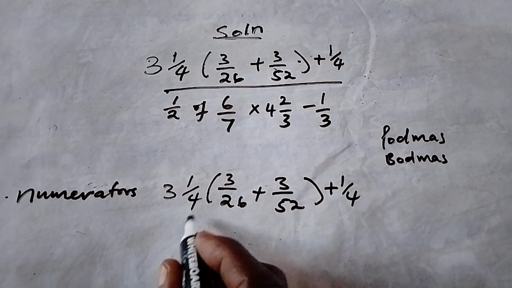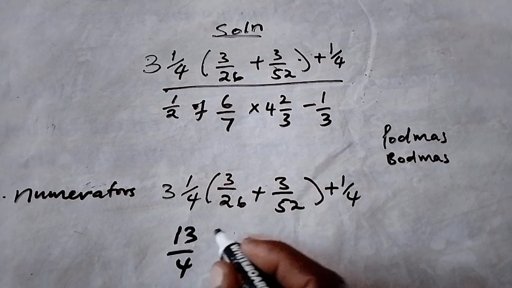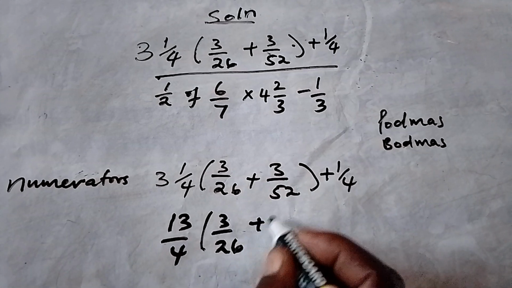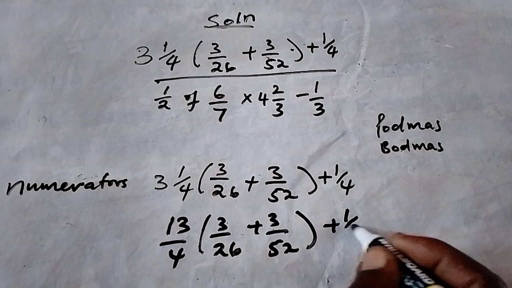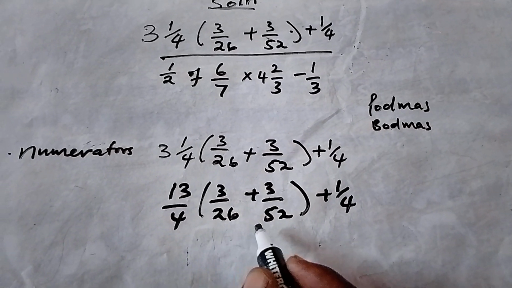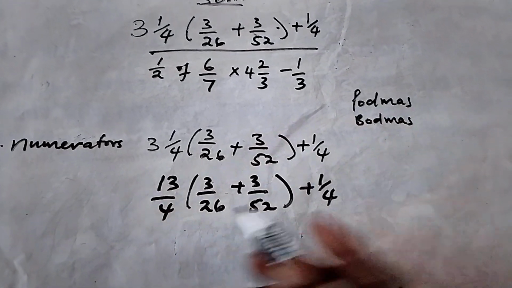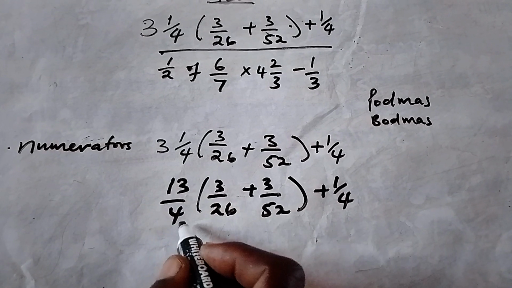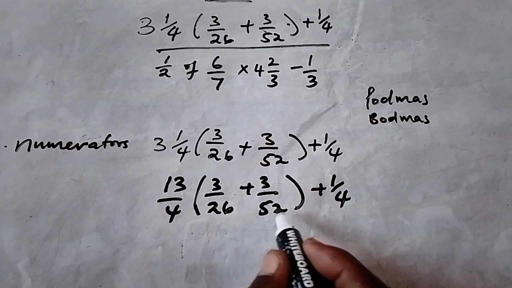So this gives us 5/4. You multiply by 3/26 plus 3/52, bracket, plus 1/4. So open the bracket because it is our first operation, parenthesis, but open it by multiplying 13/4 times the value which is inside the bracket.